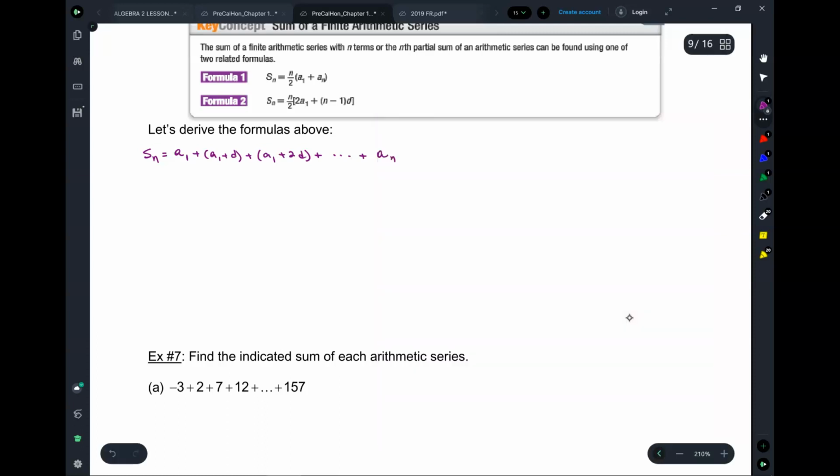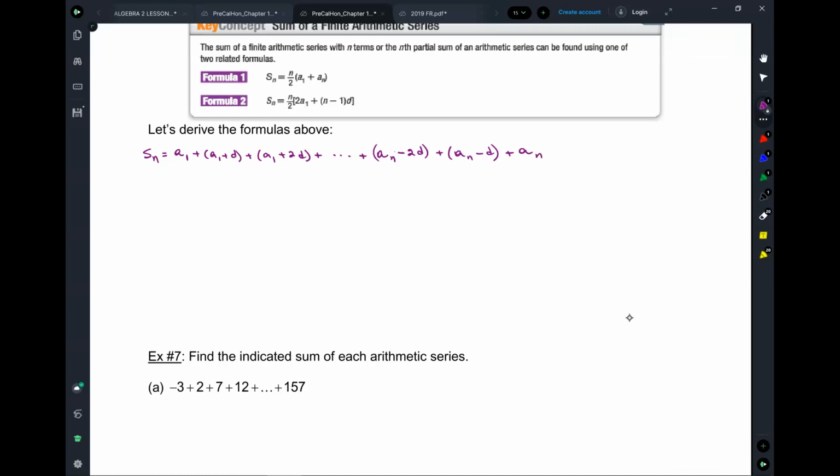And the one before that is 100 minus 3 times 3. So going back here, these are the first 3 terms in this series. Now let's do the last 3 terms in the series. So it's an minus 2d plus an minus 1d plus an. Okay? Makes sense?